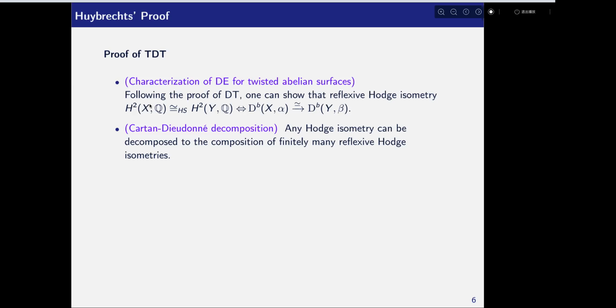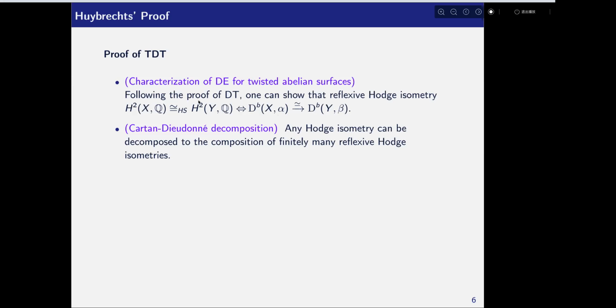It's not an arbitrary rational Hodge isometry, but we call it reflexive. It's very close to an integral Hodge isometry. Such an isometry is equivalent to the derived equivalence between the twisted K3 surfaces. I will define this later.